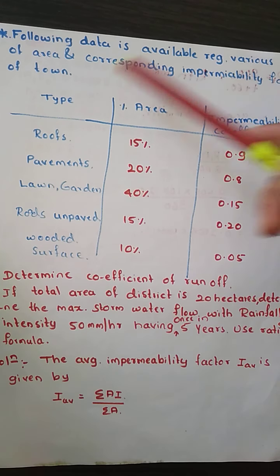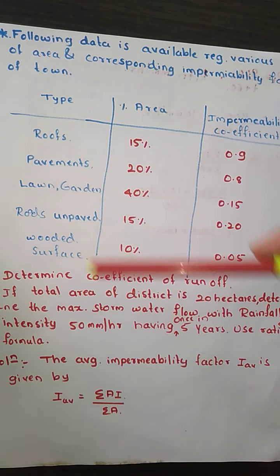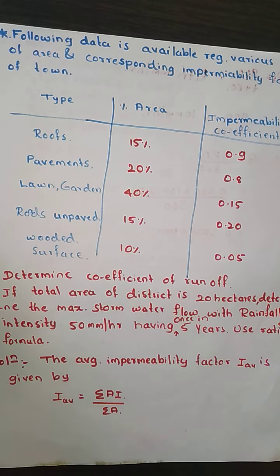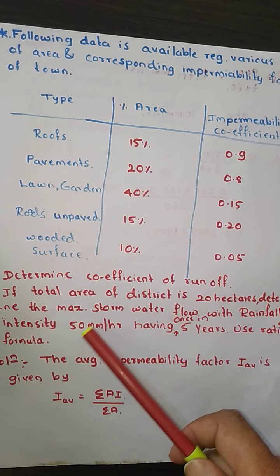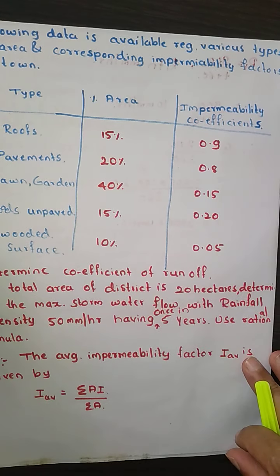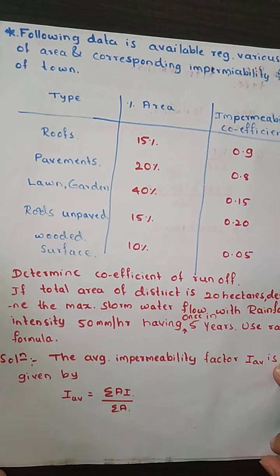Determine the maximum storm water flow, that is Q, with the rainfall intensity Ri of 50 mm per hour, with a frequency of once in 5 years. Use the rational formula. This is what they have given.